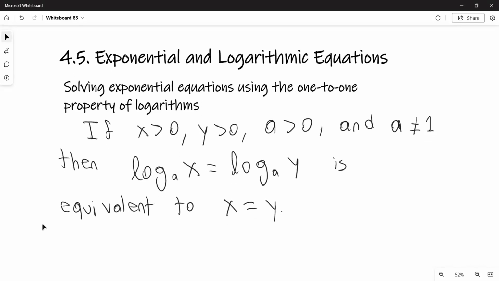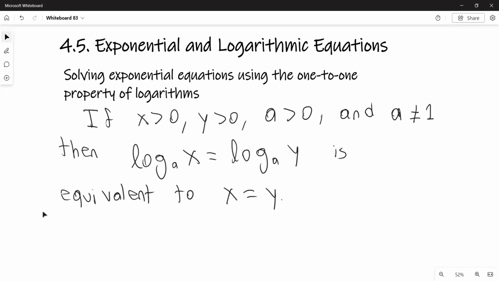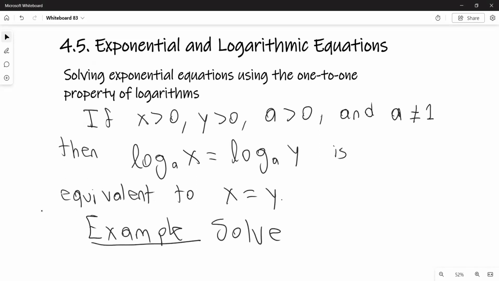So let's start with the first example. We are going to solve the exponential equation 5 to the x equals 14. The problem is this variable that is an exponent.